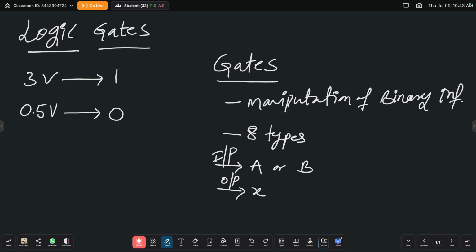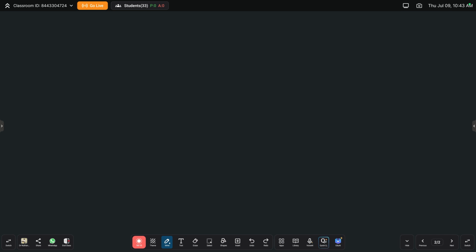The first gate is the AND gate. The AND gate produces the AND logic function.